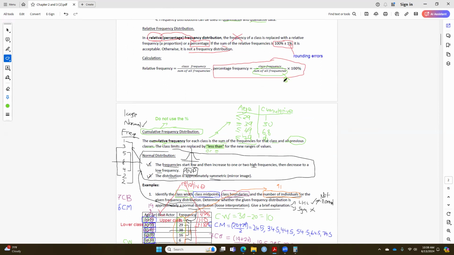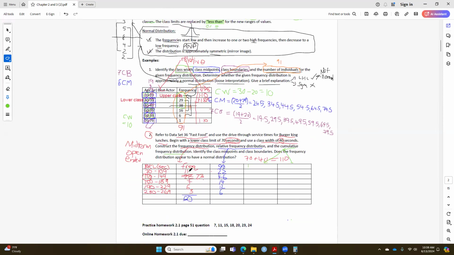So for this case, it's 50. So you take the class frequency for each one, 11 over 50, 23 over 50, and so on. That's how we figure out your percentages here. It depends on the total. Sometimes, like last time, the total is 91, so that's why we divided by 91. This total is 50, so we have to divide by 50.